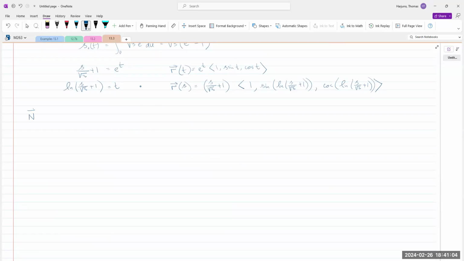The vector N(t) is the unit vector normal to C at t. What is that?